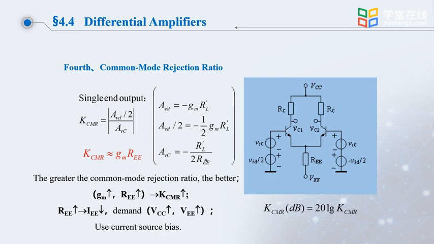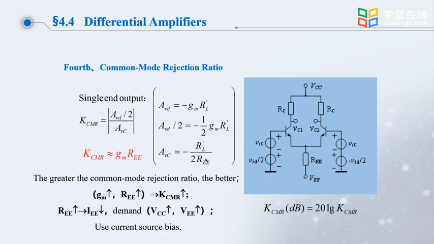When we put the differential gain AVD expression and the common mode gain AVC expression into the common mode rejection ratio formula, it can be obtained that the common mode rejection ratio is approximately equal to the product of transconductance Gm and resistance REE. It can be seen that the greater the REE, the better the common mode rejection ratio.